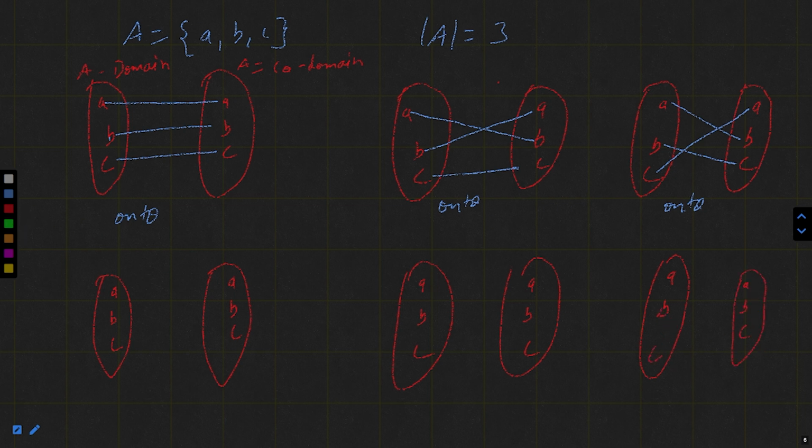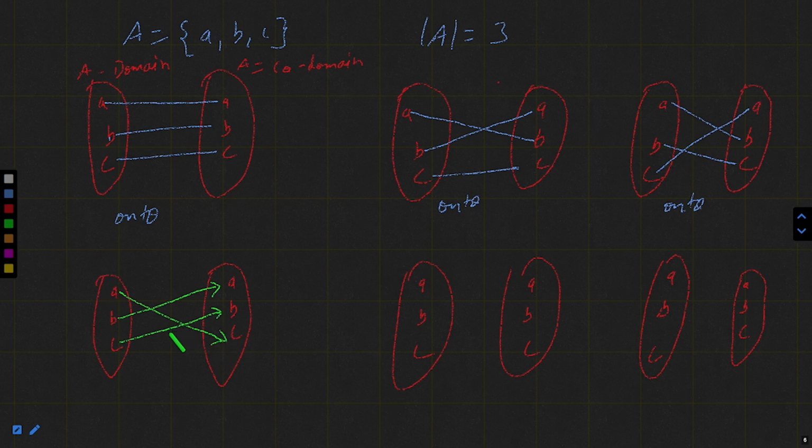Now a is associated to b, b is associated to c, and c is associated to a. Now my b is going to be associated with, sorry, a. Then a is going to be associated with c and c is going to be associated with a.